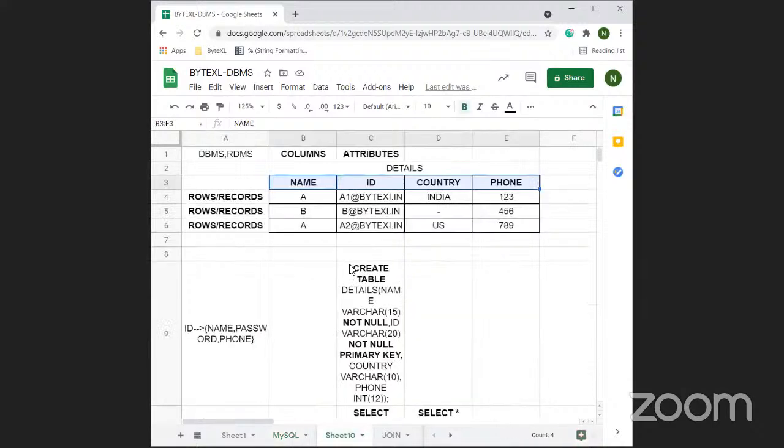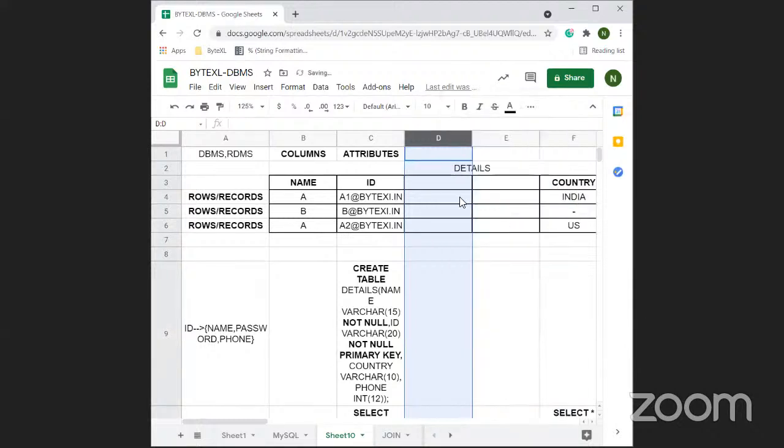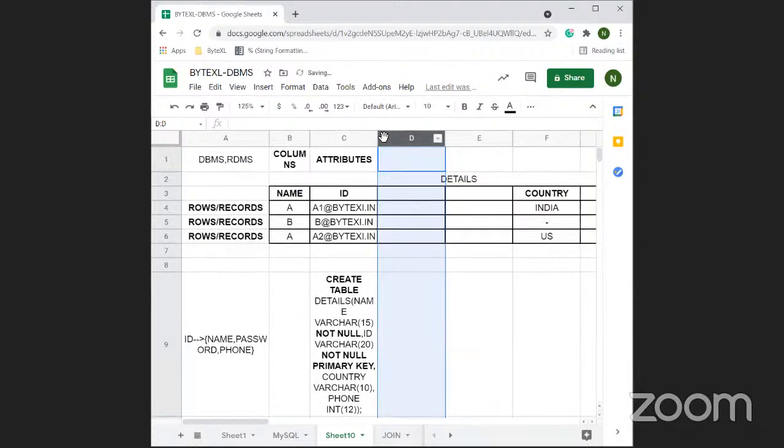Then come to alter. Once create table is done, I would want to change its columns for some reason. Maybe a country is not enough for me. I would want to add some extra details, actually not just one, I would want to add two extra details, for example called pin code and city or state as well.